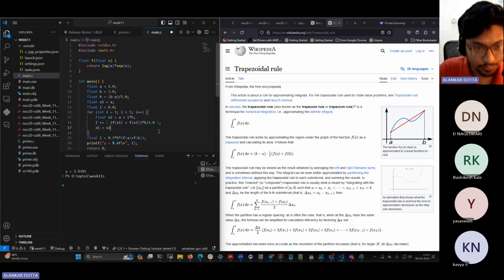So x1 becomes x2, such that later on x2 gets updated accordingly, right? And once this is done, we can print the result here.